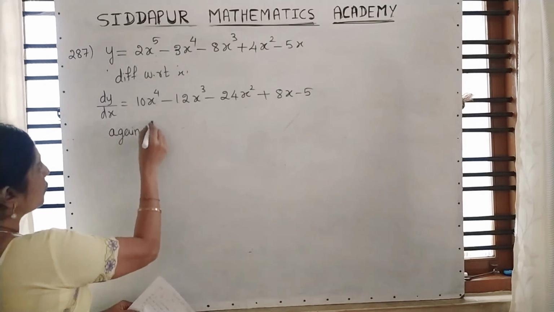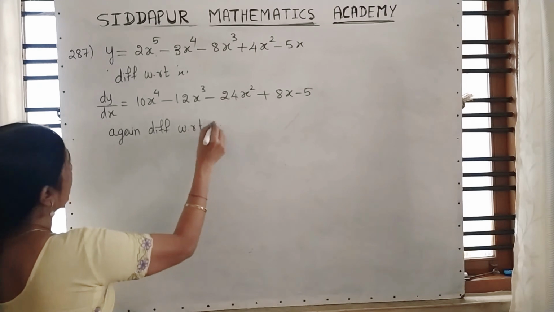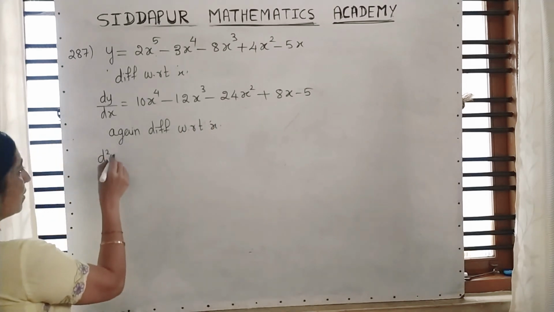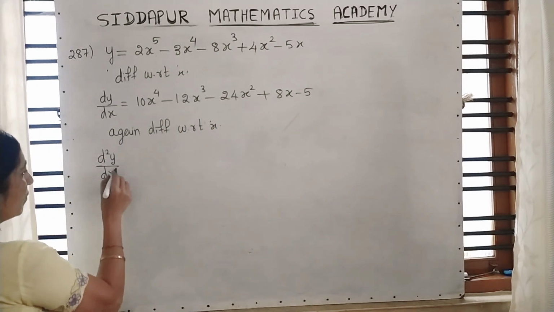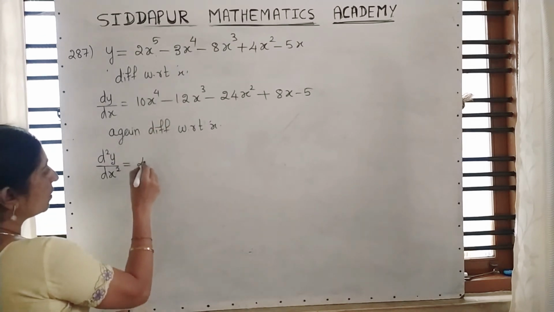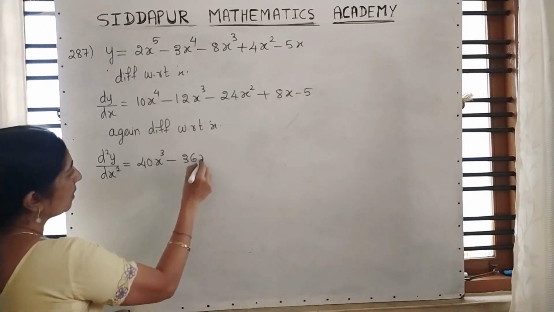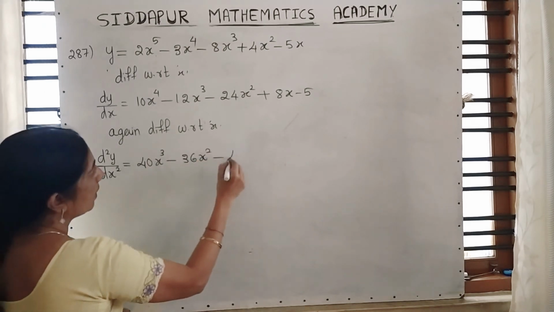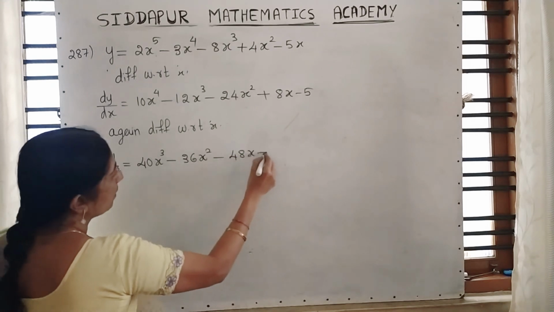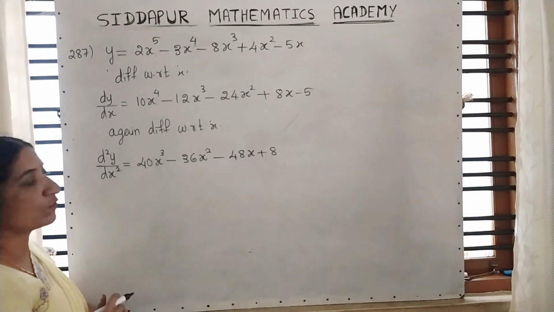Again differentiating with respect to x. D square y upon dx square is 10 into x raised to 4 is 40x cube minus 36x square minus 48x plus 8. Differentiation of x is 1 and differentiation of 5 is 0.